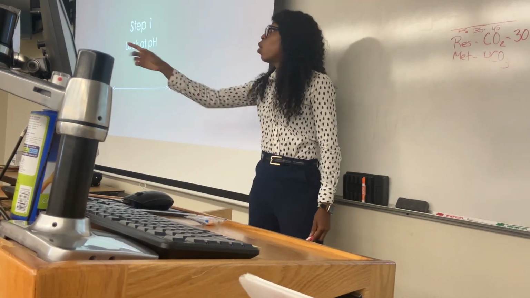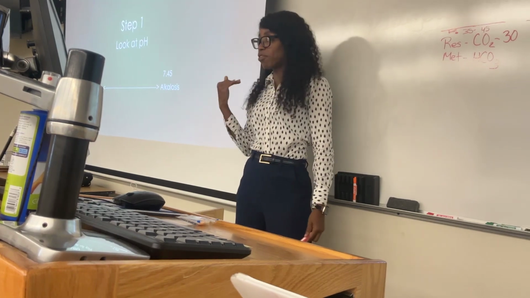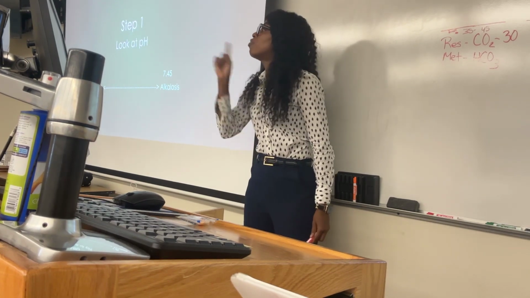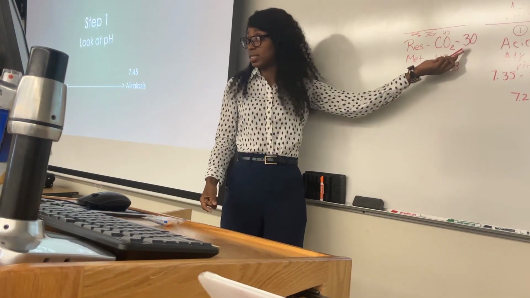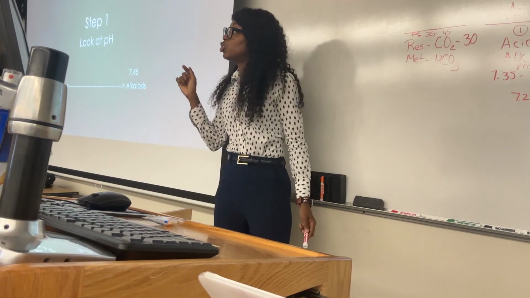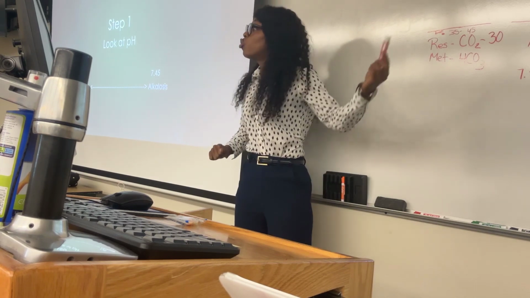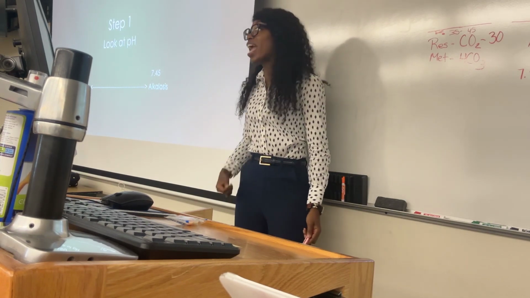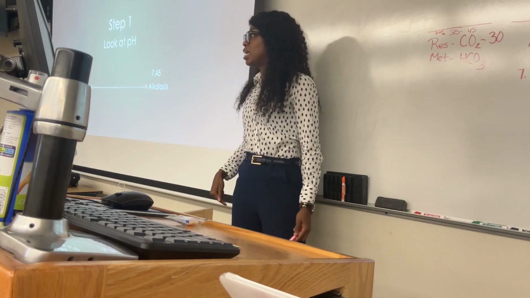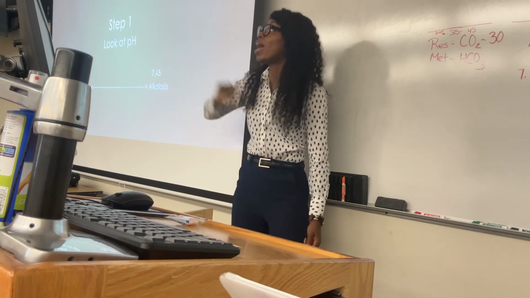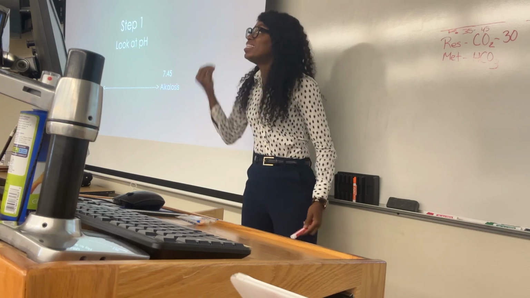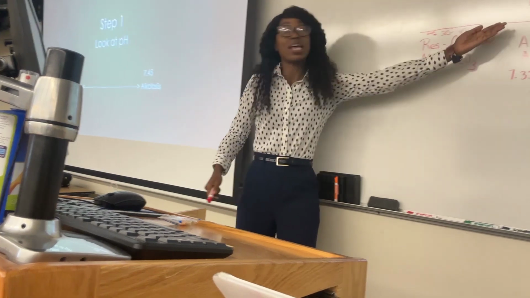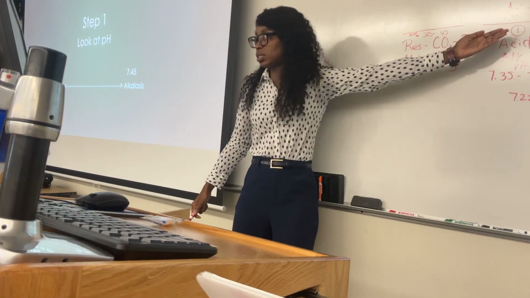Now, if both of them have a problem, that means both of them are out of range. So one is causing the problem, like in this case. If this one is out of range too, it has noticed the lungs are having trouble and it's starting to compensate. It's working harder to help the lungs out. But its number will not indicate that it's causing the acidosis.